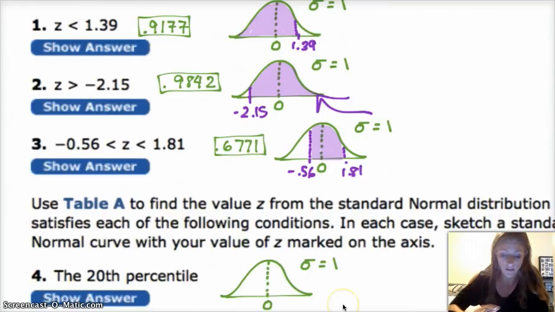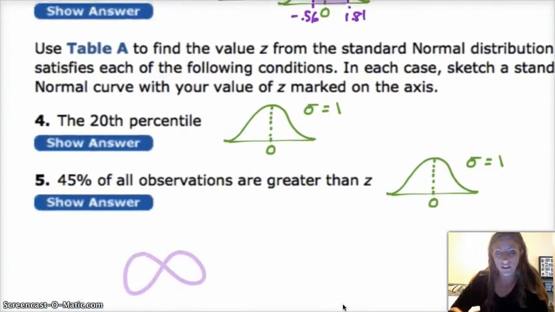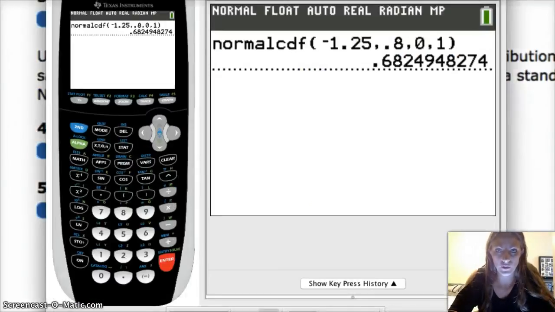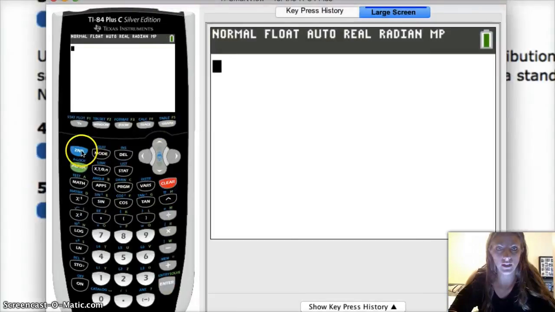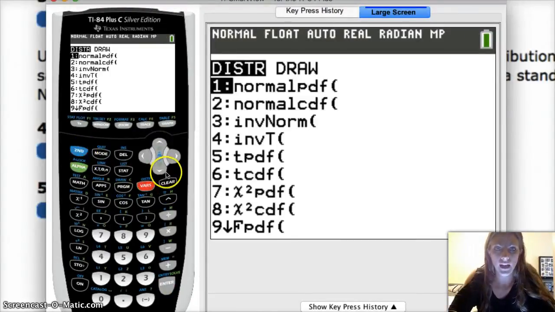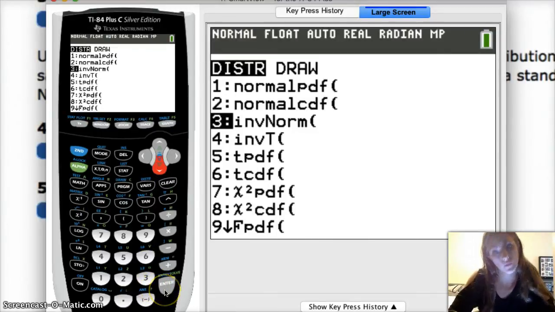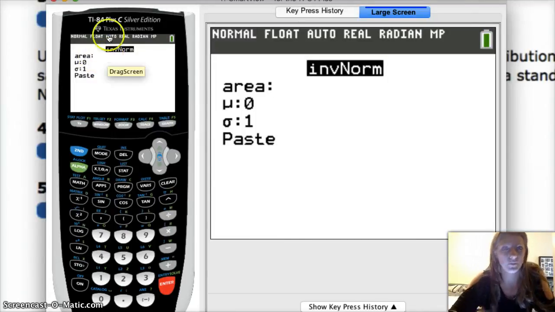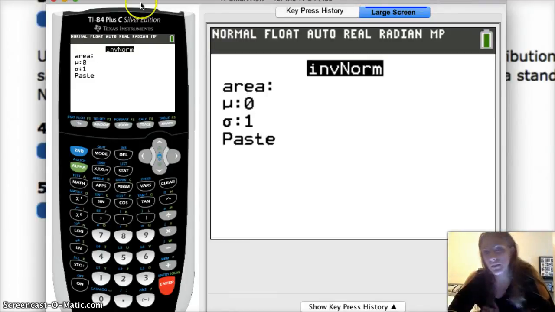So to do number 4 and 5, you can do it in your packet with table A, or you can do it on your calculator. I'm going to show you how to do that real quick. It's in the same place as your normal CDF. You go second distribution, and you go to inverse norm. That's number 3. Basically what that does is it says, hey, what's the area less than or equal to, or basically the percentile.